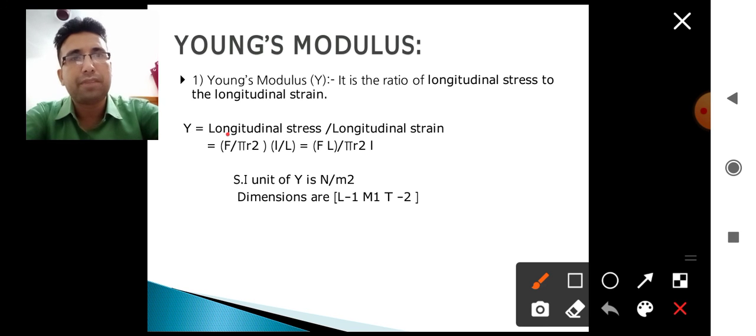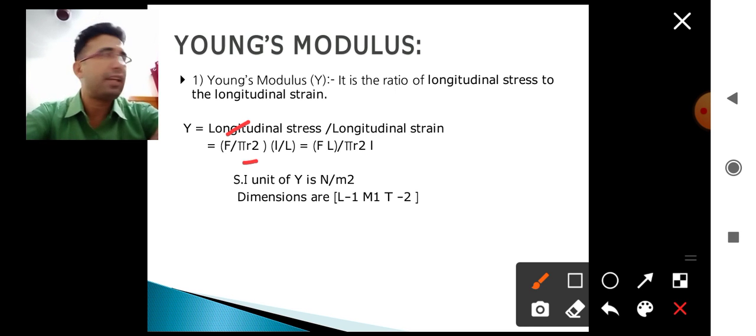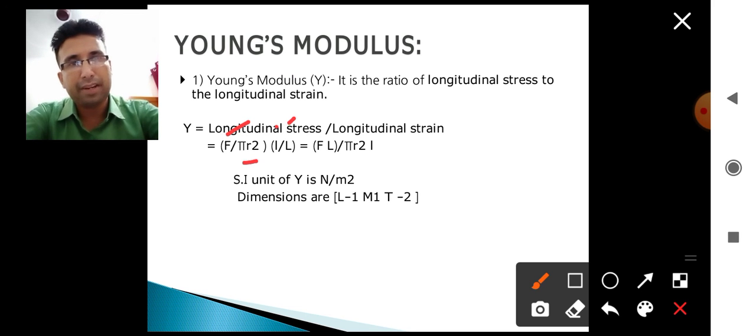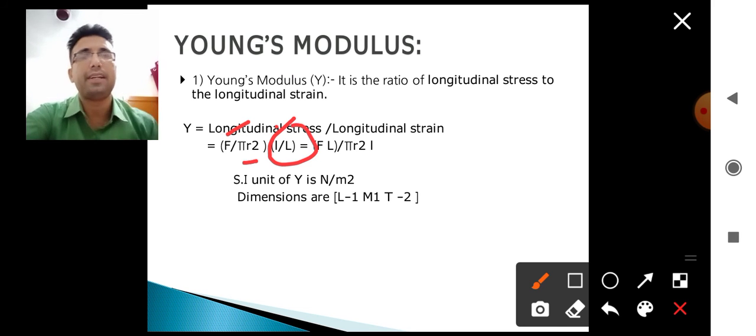We will put in the value of the force, which is present in the form of weight in the holder, where pi r square is the area of cross section of the wire, and small l upon capital L is the longitudinal strain produced in the body. We will put these values in the formula and find the value of the Young's modulus. In this way we can calculate it.